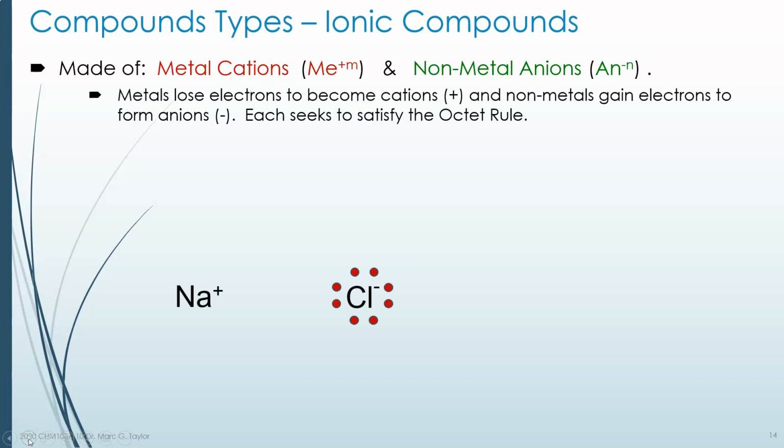So if we have two ions, a sodium ion on the left here, Na+, you'll notice the sodium ion has no electrons in its valence shell. It's already lost its one valence electron.